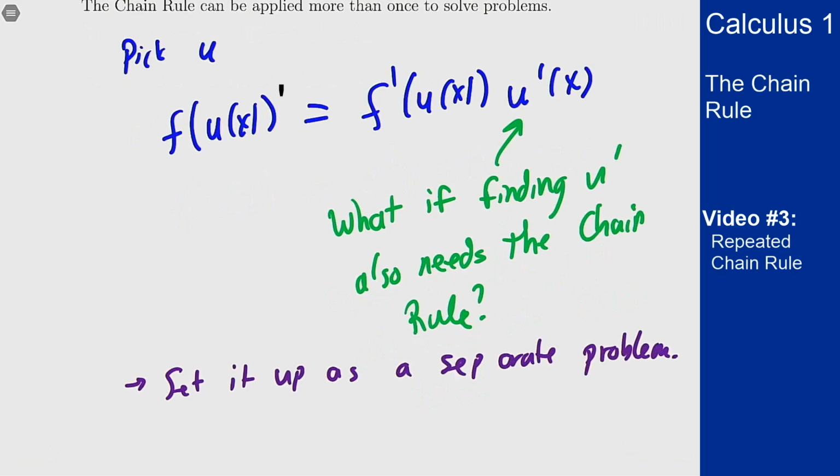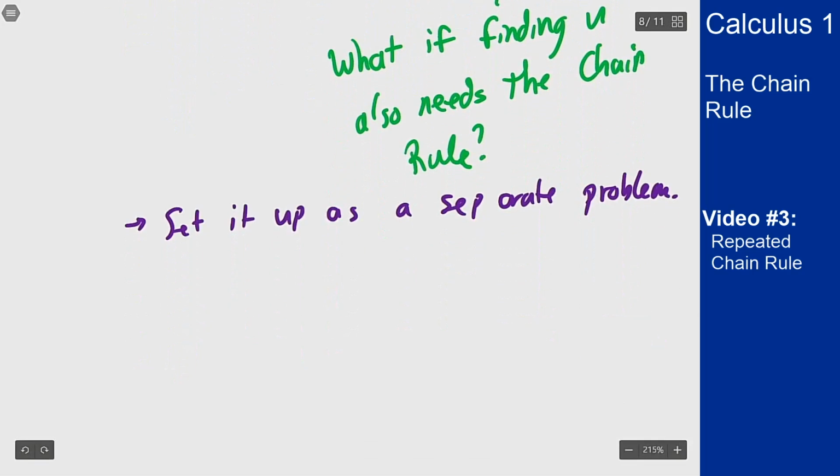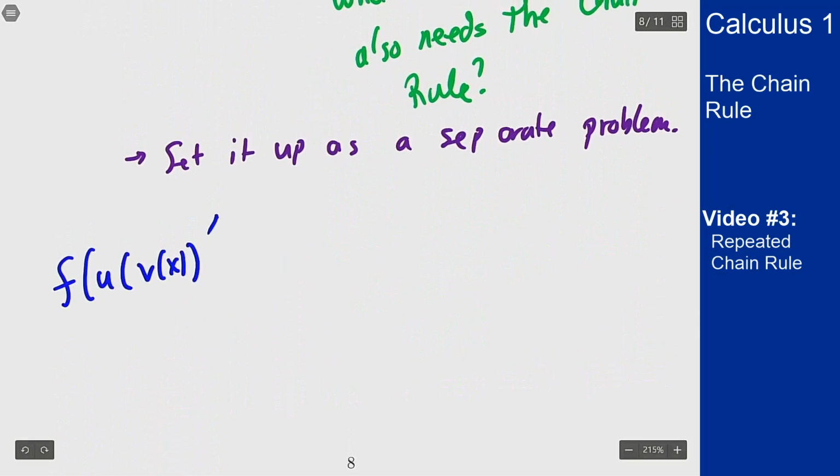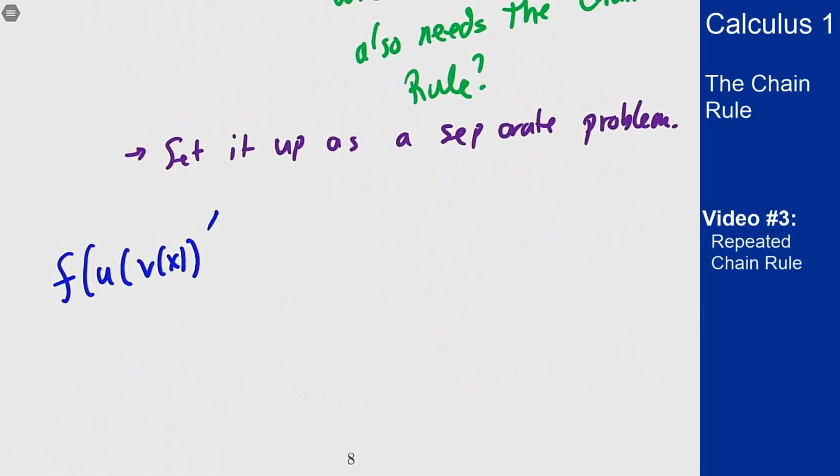You can also process this as sort of an extended outside-inside rule, where if I now have, say, a composition of three functions, so I have an f of u of v of x that I want to differentiate, I can do it by just extending the steps further, right? So I would first do f prime, and I would plug in everything inside of it.